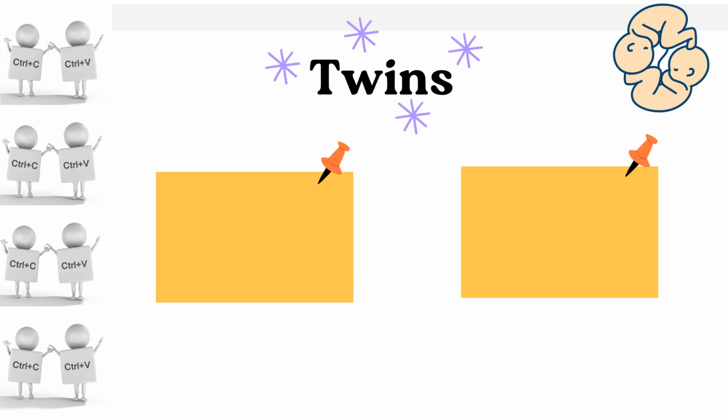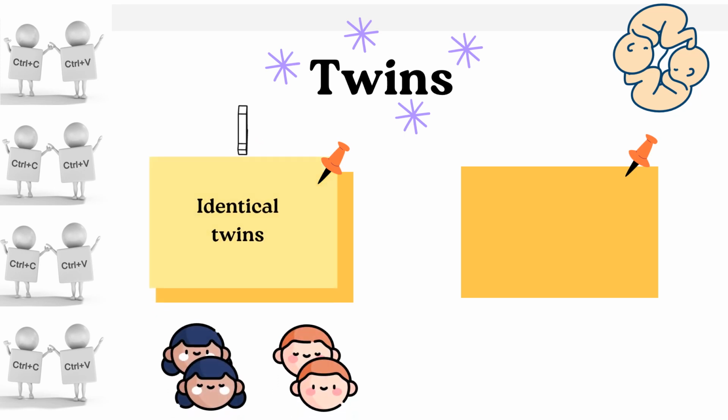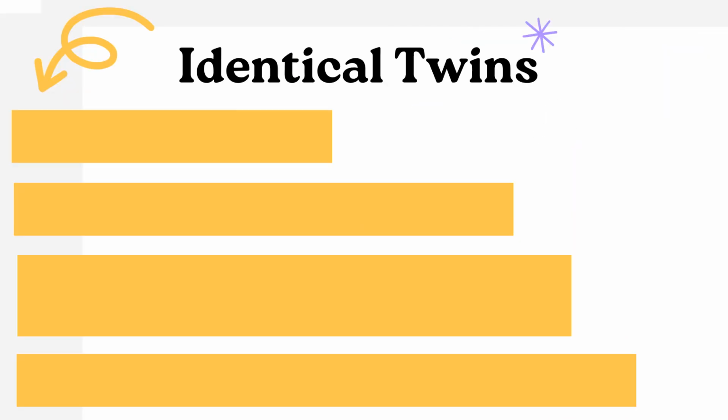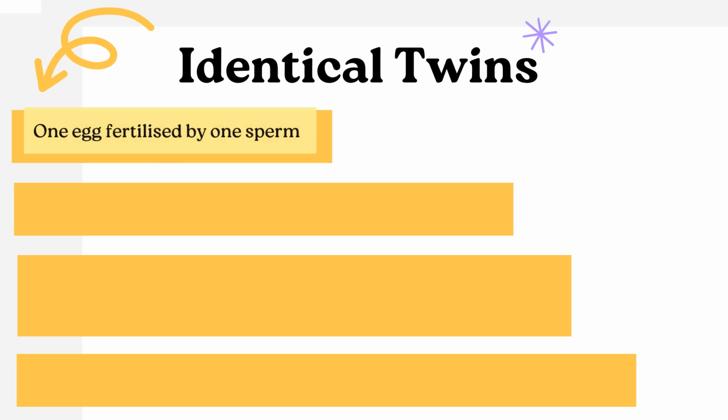What about the twins? Twins divided into two types. Identical twins and non-identical twins. Identical twins.